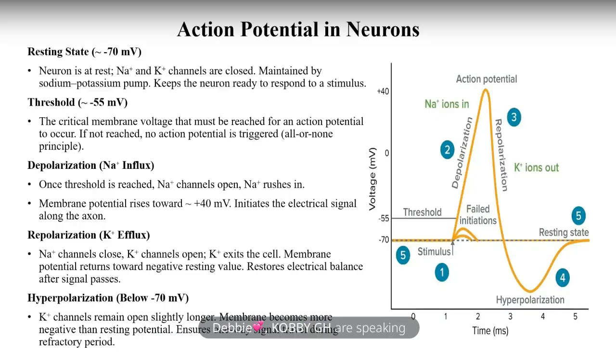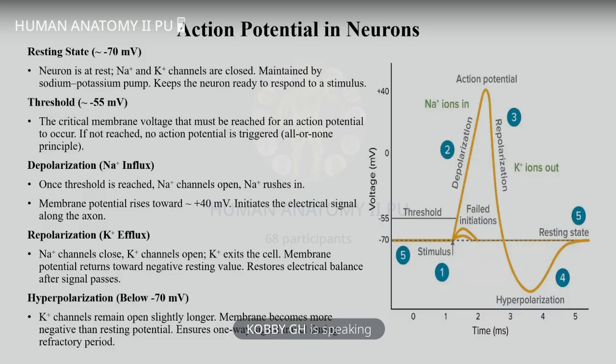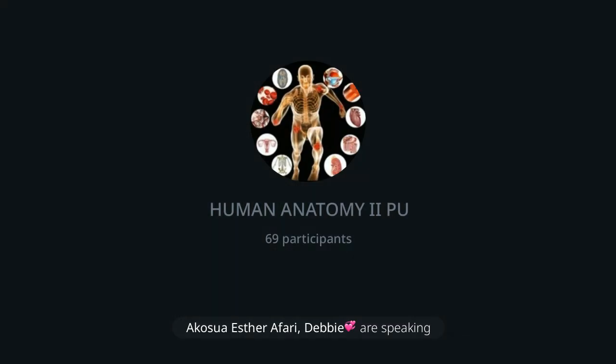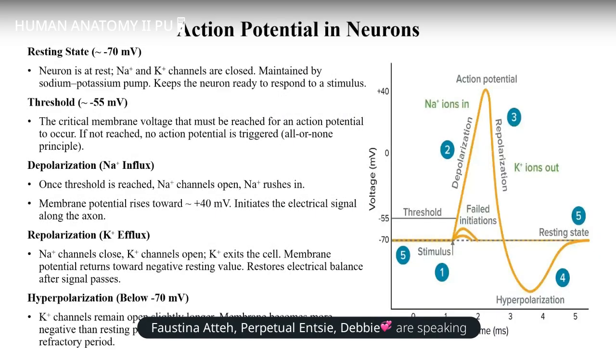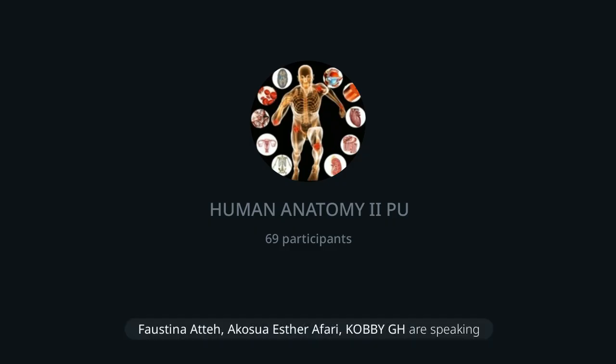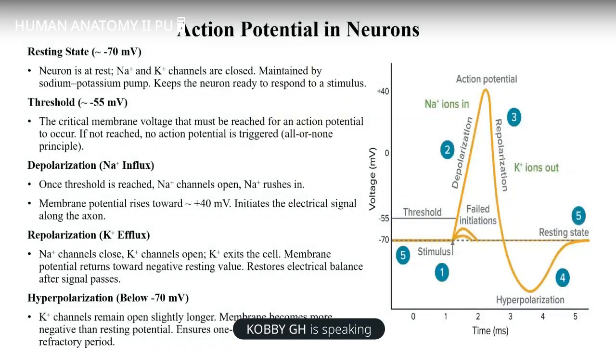What will make the inside of the neuron become positive? When the sodium moves into the neuron. That's what we said. When the sodium moves into the neuron, that is when the inside becomes positive.